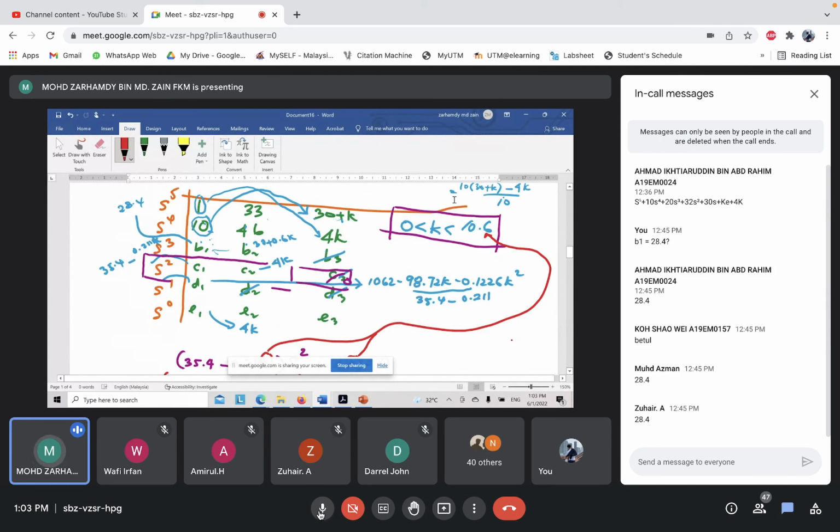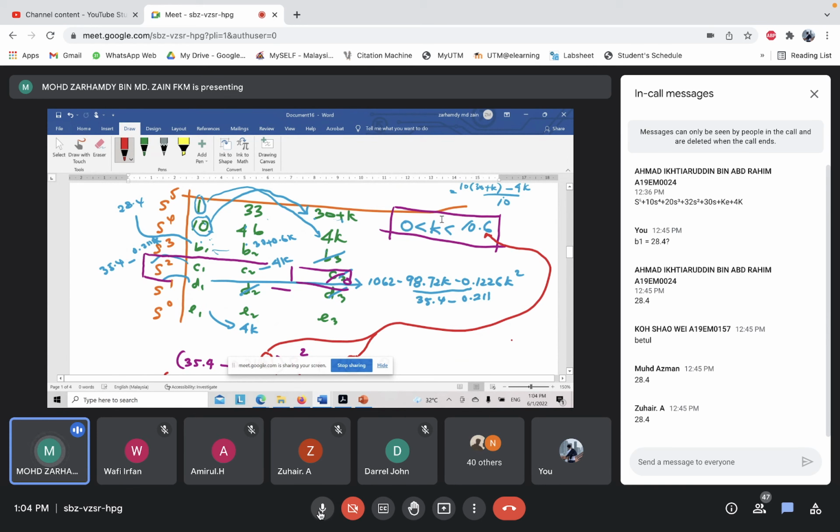So, this is the critical point of the K, where this number represents the K in the stable condition.